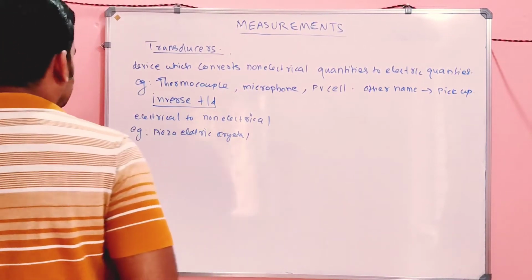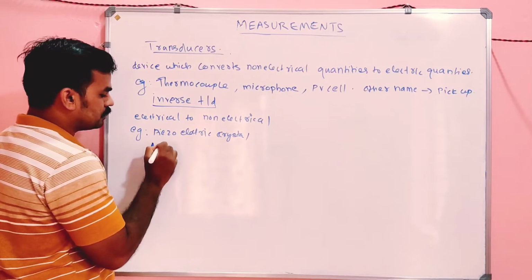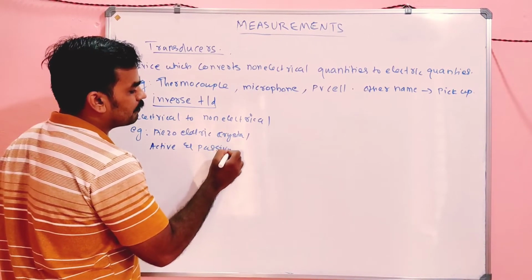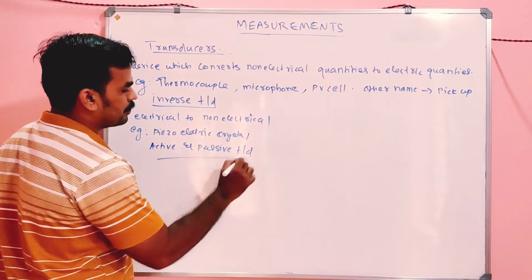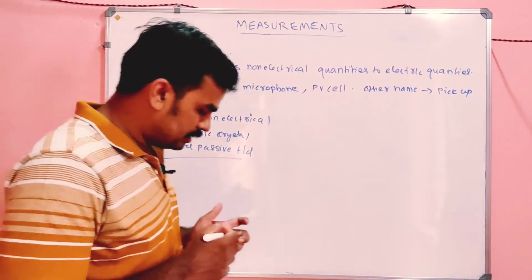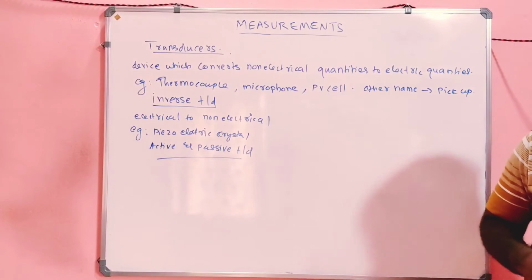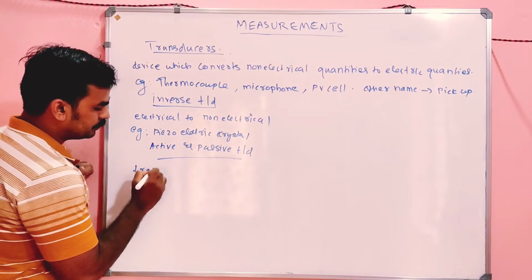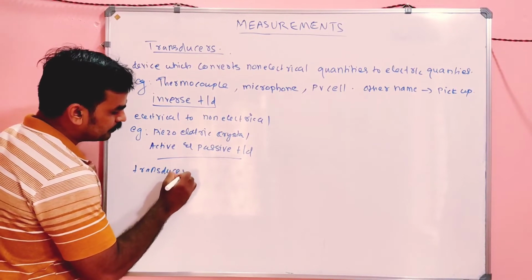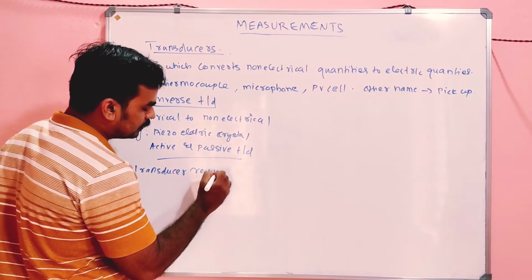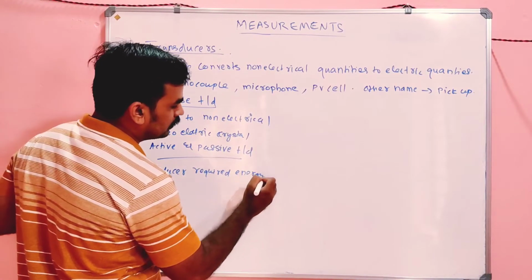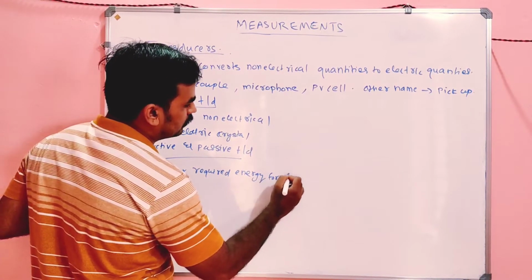Okay. Next, active and passive transducers. An active transducer means a transducer that requires energy for its operation.